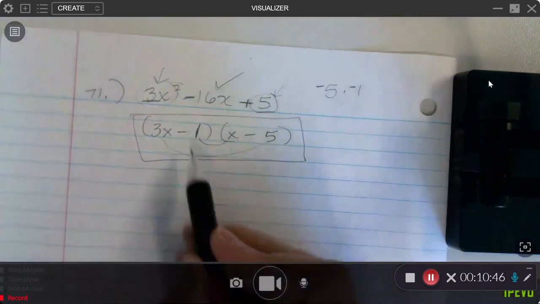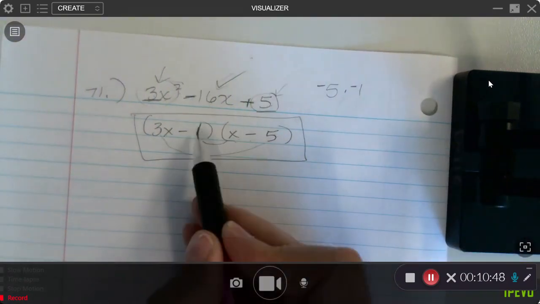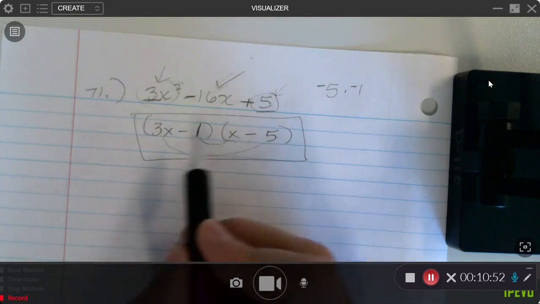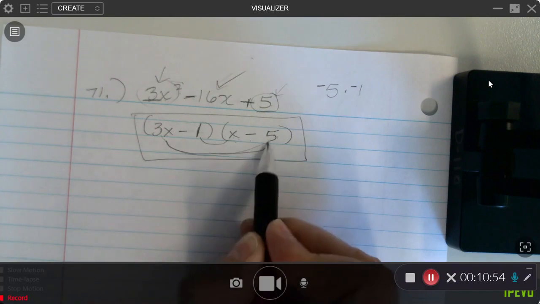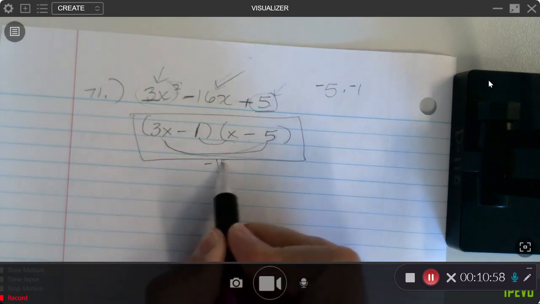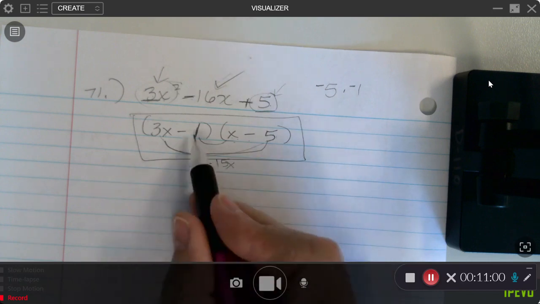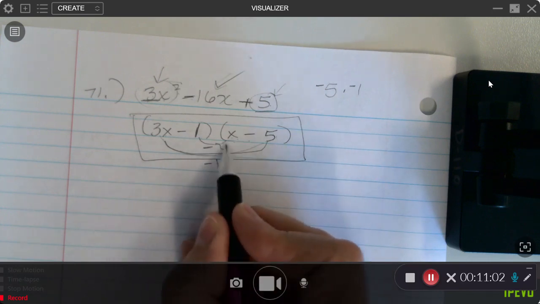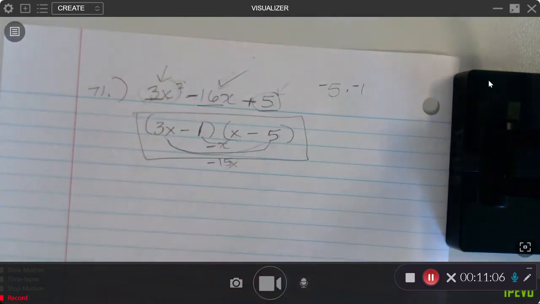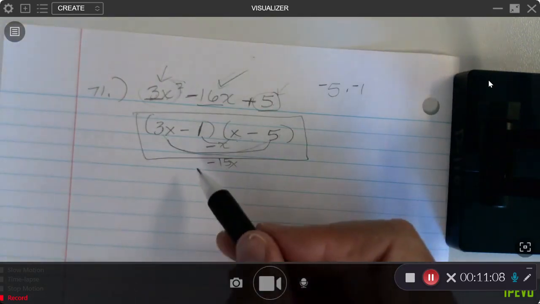So it's just a matter of, is the negative 5 going here or going there? And we always do the FOIL thing to check it. 3 times negative 5 is negative 15x. And negative 1 times x is negative 1x. Negative 15 minus 1 gives us the negative 16. This is the testing stage, right?